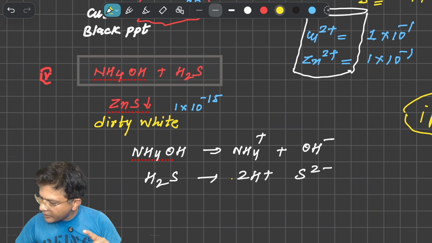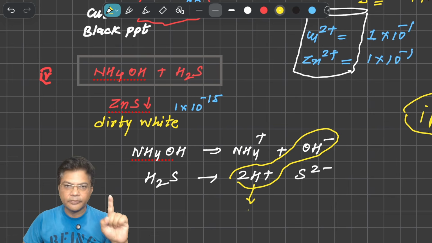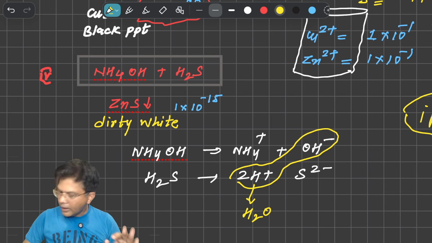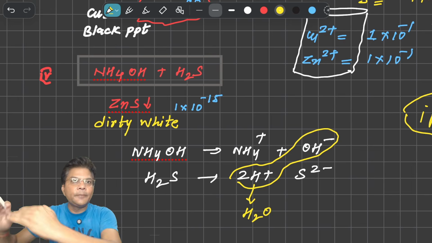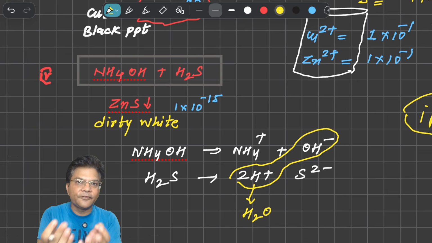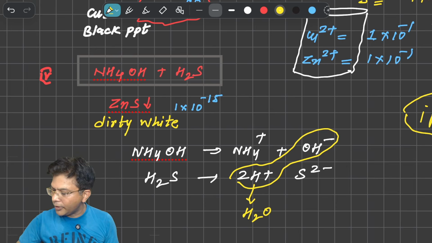This H+ will combine with OH- to form water, and the equilibrium will keep on shifting in the forward direction, because Le Chatelier's principle says if a product is eliminated, the equilibrium will go more in the product direction.